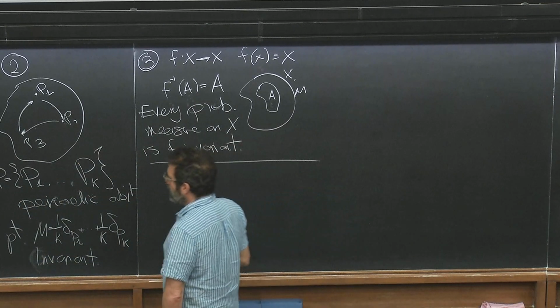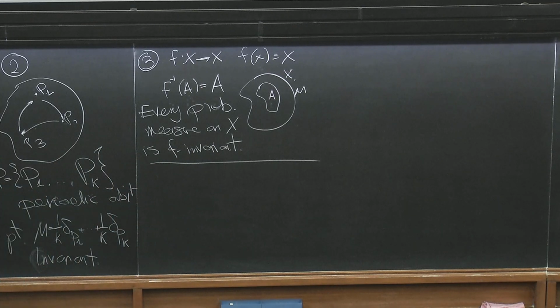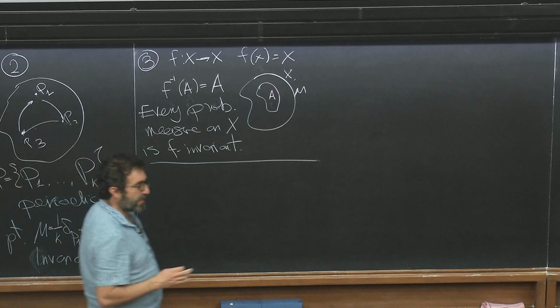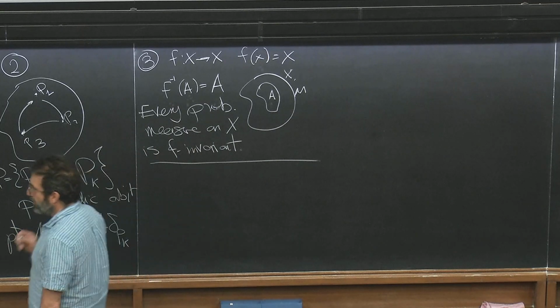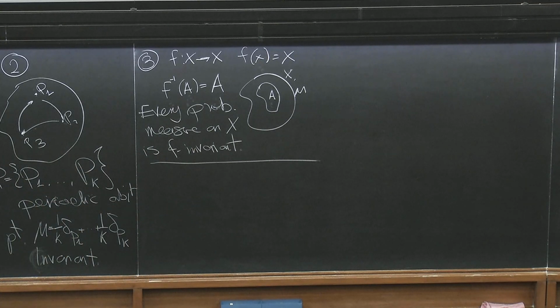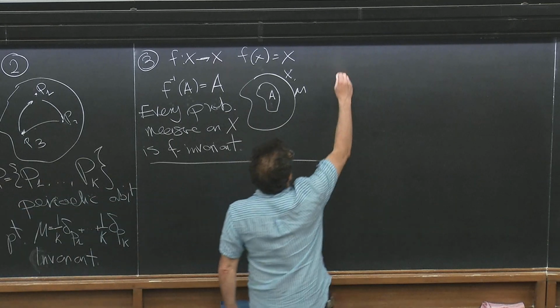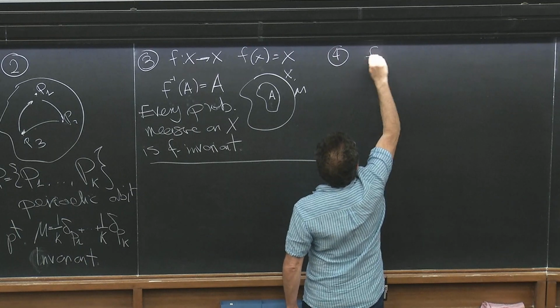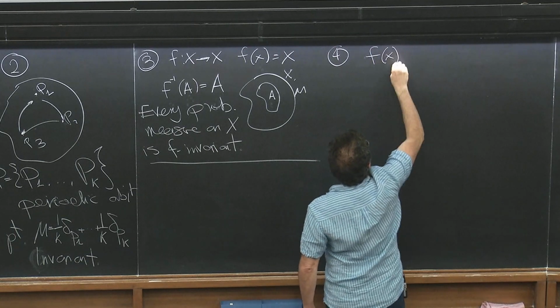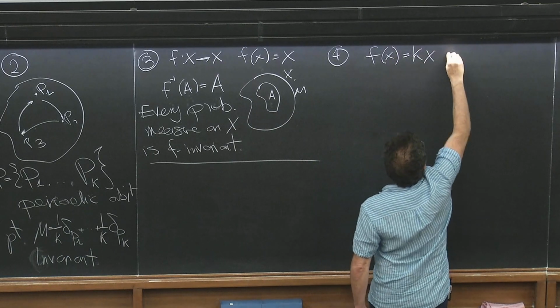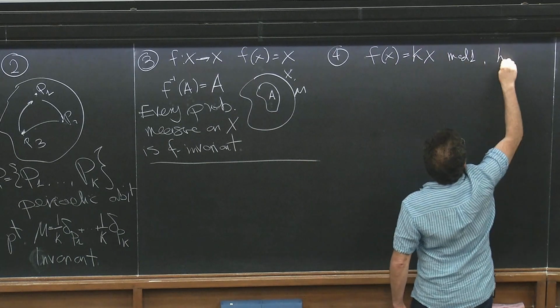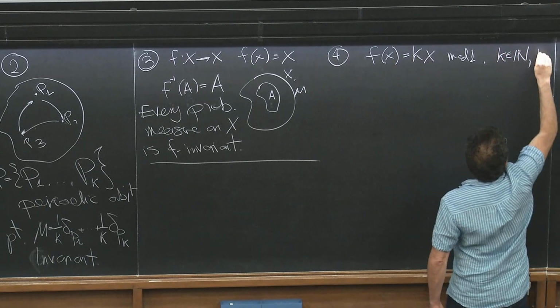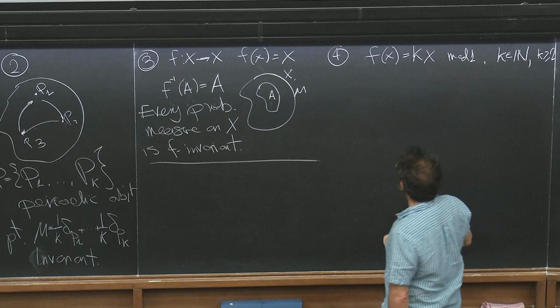Okay, so now as we look at some slightly more sophisticated examples, there's a little bit of a technical problem. What I want to look at is our favorite map, f(x) = kx mod 1, our favorite class of maps, where k is an integer and k is greater than or equal to 2.